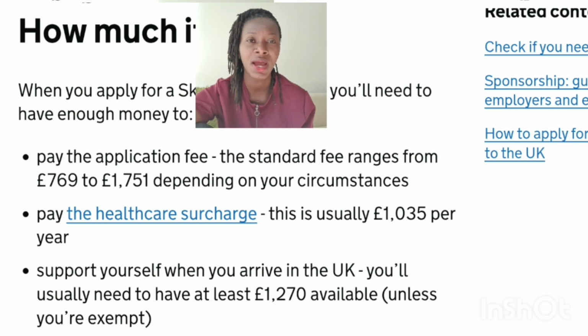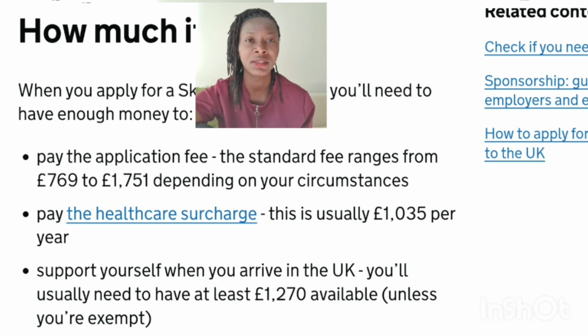If you have been employed for 1 year, then you are paying £1,035 for the 1 year visa. But if your employment on your certificate of sponsorship or your job offer is for 2 years, then you need to multiply the £1,035 by 2. So you pay that. But remember, the visa application fee still stays the same.